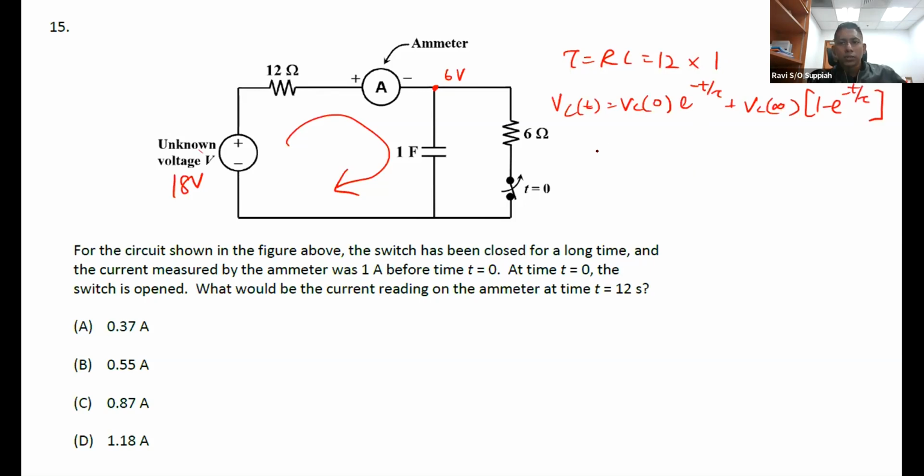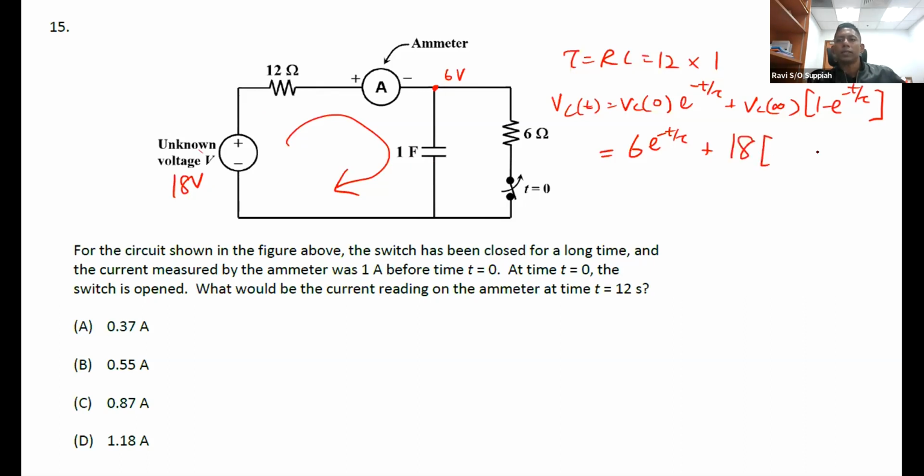So what is VC0? VC0 is your 6 volts. And what is VC infinity? If I let current flow continuously, then the voltage across the capacitor will grow and grow until it matches the full voltage that is available, which is 18 volts. So the full 18 volts will be the VC infinity.